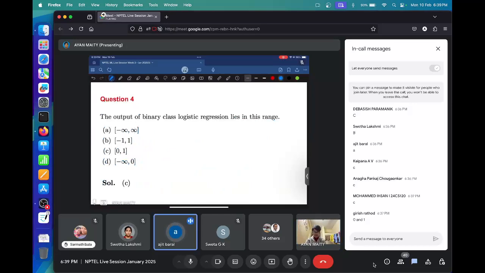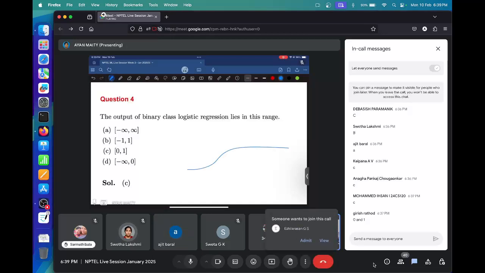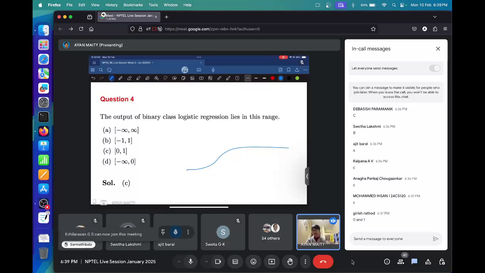Sir, is it not always monotonic, always increasing? Yeah, the sigmoid function is always increasing. It looks like this. It is always increasing, but very slowly, and for higher values of the input it almost approaches 1 and almost doesn't change.